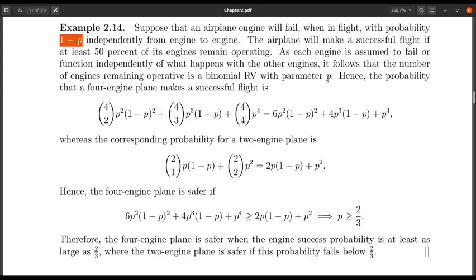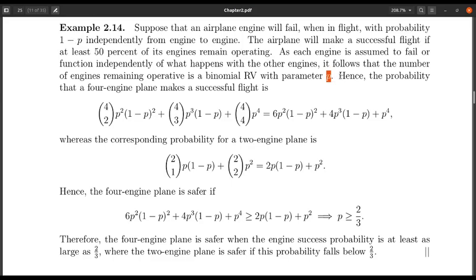What is n? n is how many engines that particular aeroplane has. And what is the probability of success? The probability of success is that an engine does not fail, that means it is working properly. That probability is 1 minus (1 minus p), which is p.